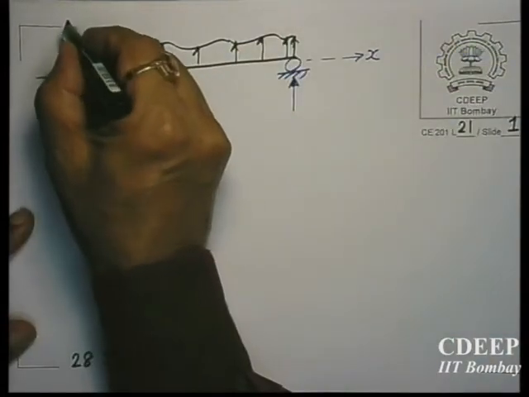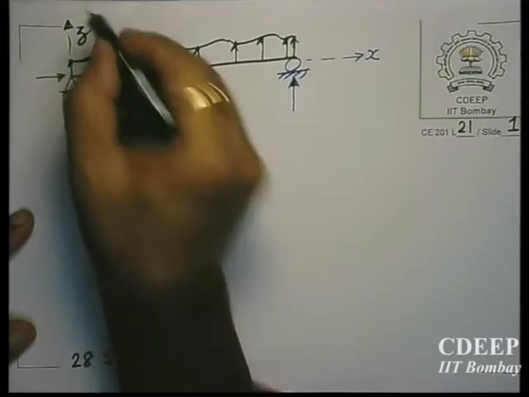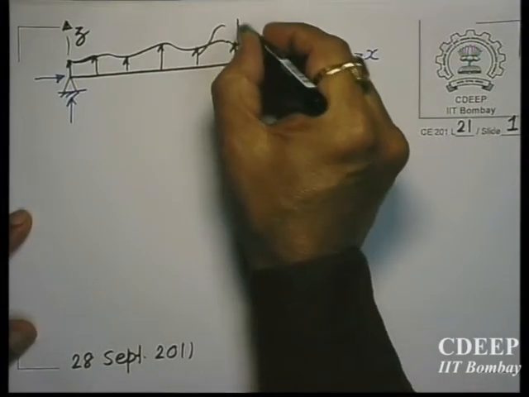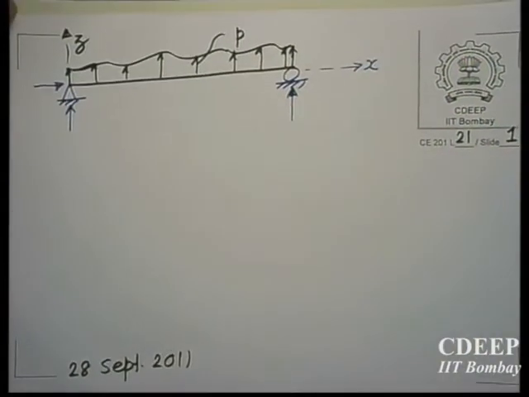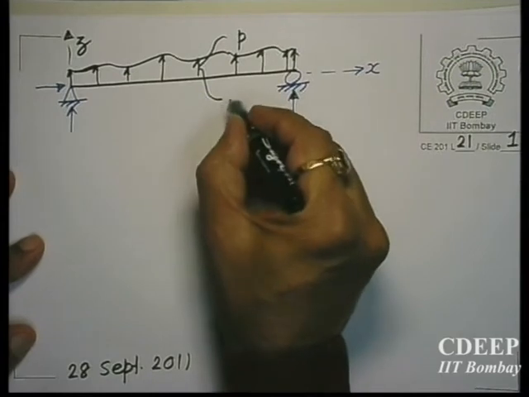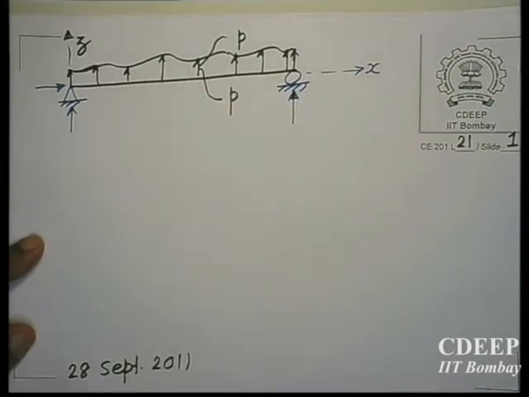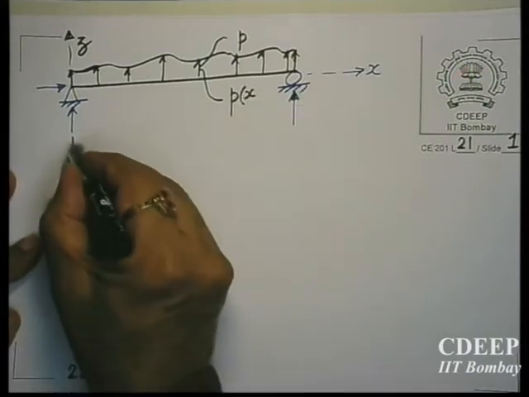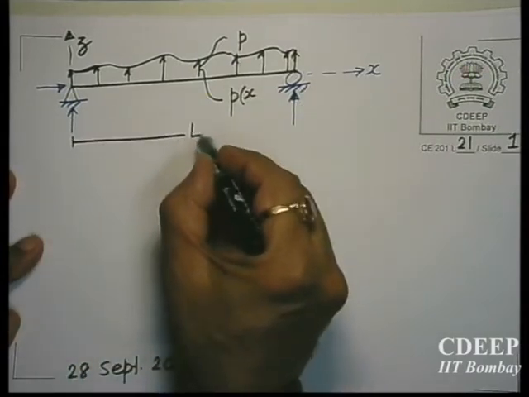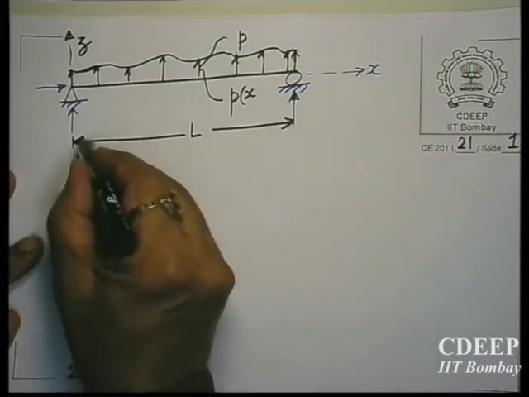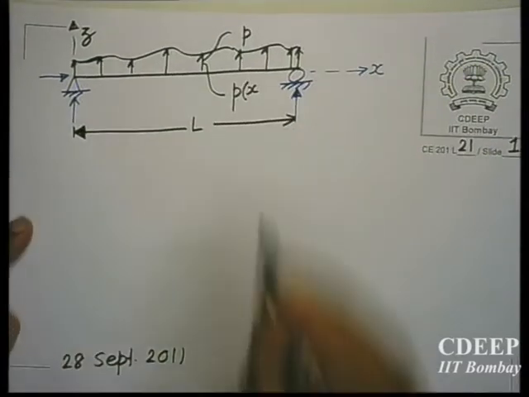So, the load here I am taking positive in the z direction, that means this p, load per unit length, is a function of x.